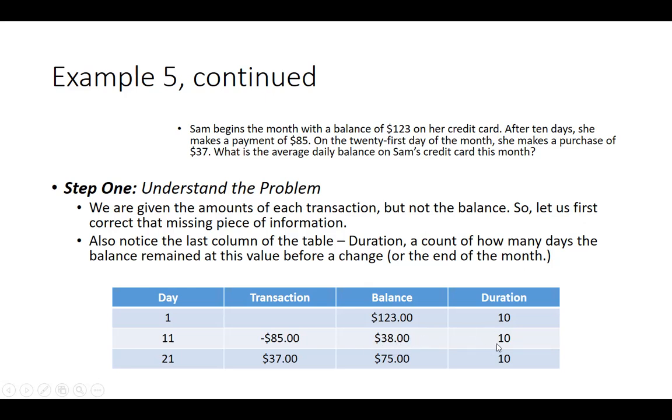It stays that way for 10 more days. And then on the 21st day of the month, she made a purchase of $37, which adds $37 to her balance. The balance is now $75, and it stays that way for 10 days until the end of the month.